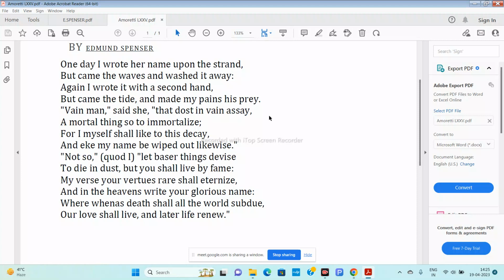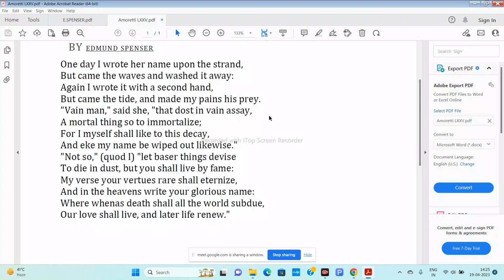"My verse, your virtues rare shall eternize." So this is the way that Spenser would like to adopt. And poets, writers, as we all know, they live on by their writings, by the virtue of what they have produced.